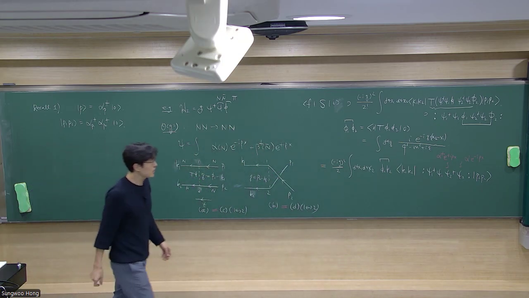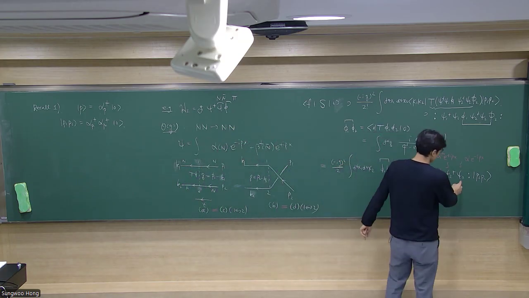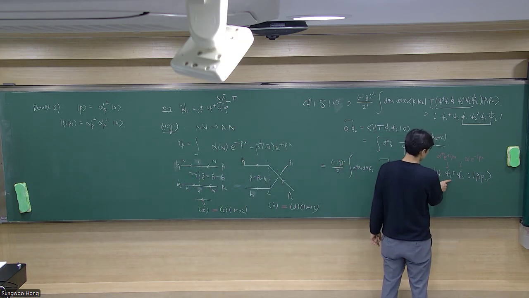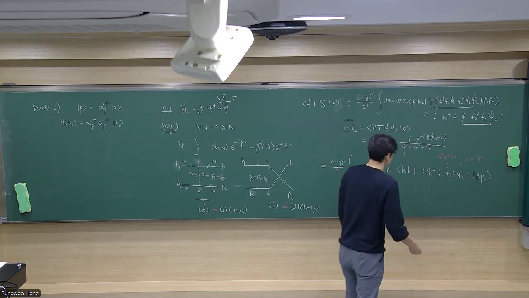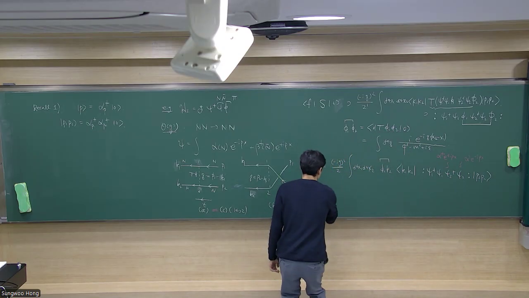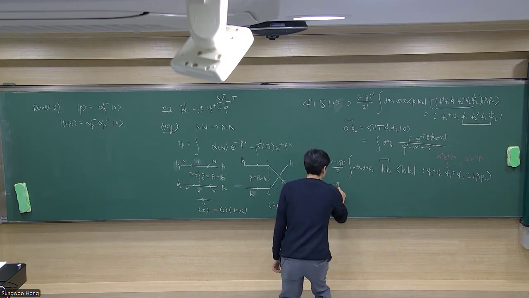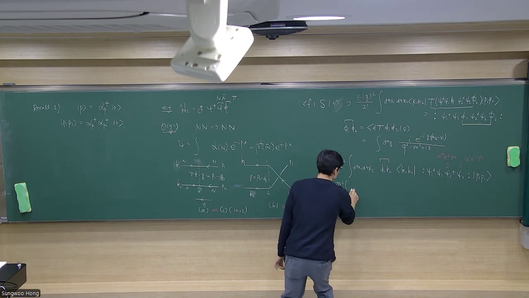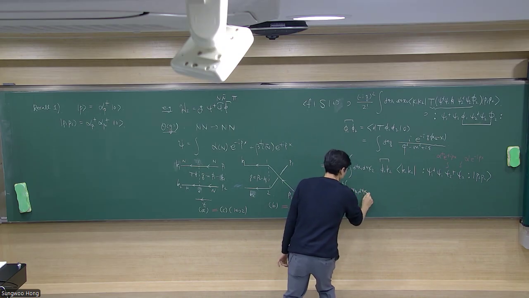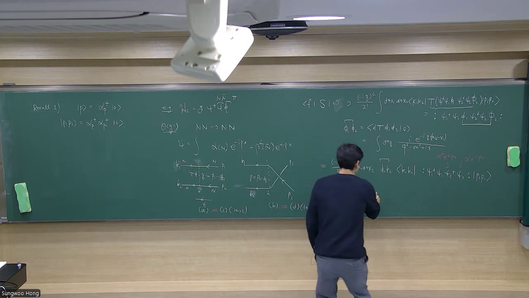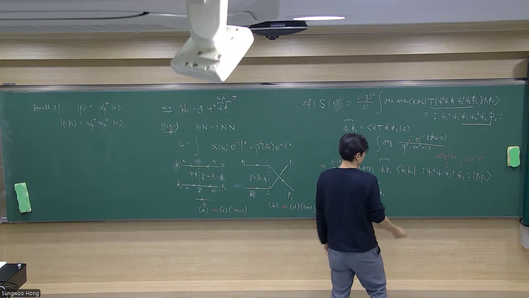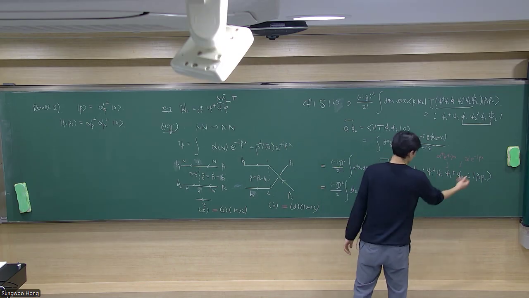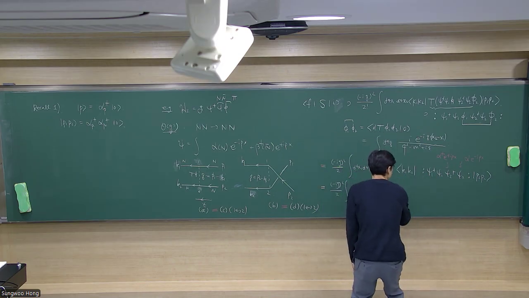Then, since I need to do the normal ordering, this is annihilation, this is creation. So the creation part has to go to the left, and the annihilation part has to go to the right. That's the normal ordering. So therefore, I can rewrite this as follows. And then the contraction part is this that I know. Now there are a lot of terms, but let me just write this.